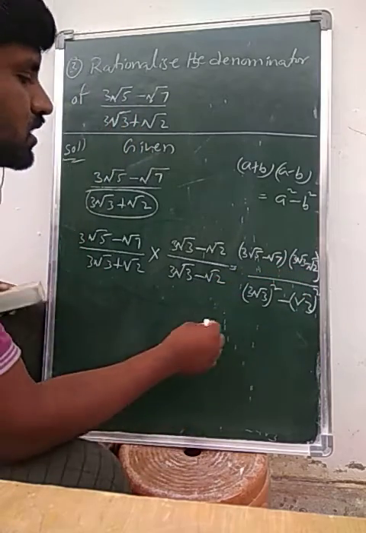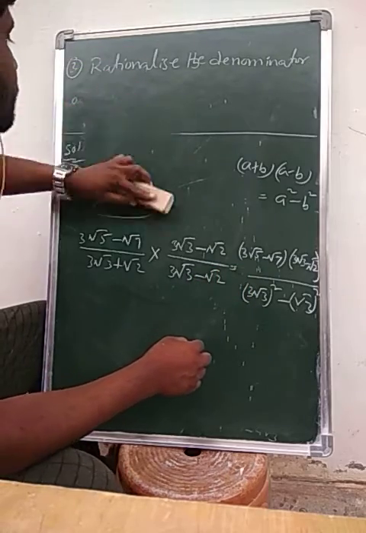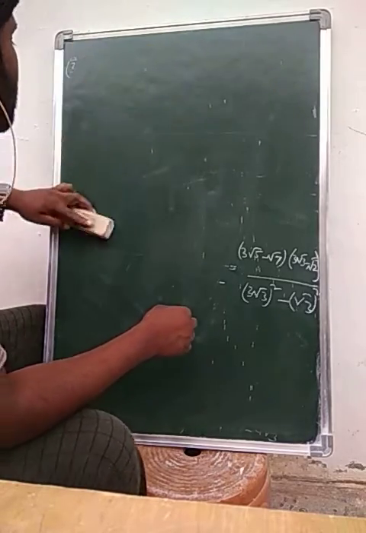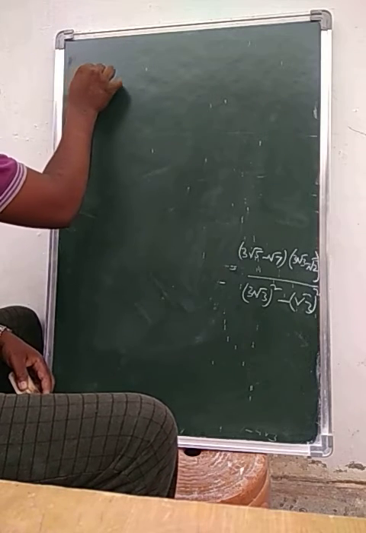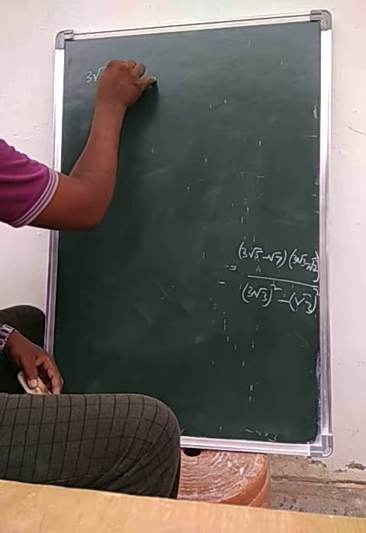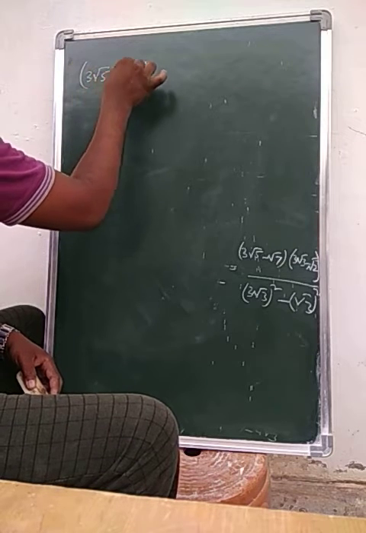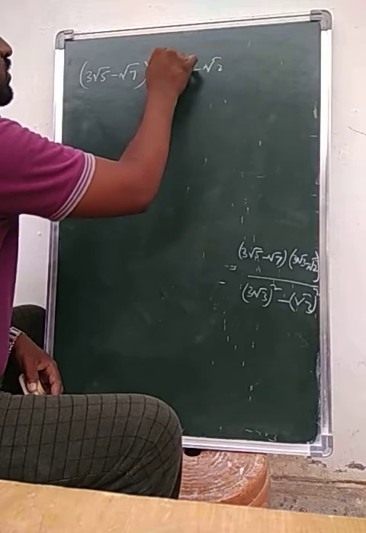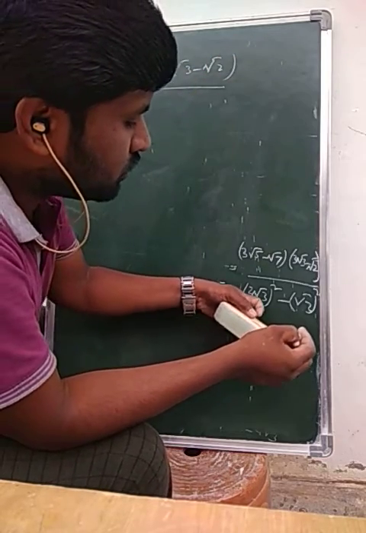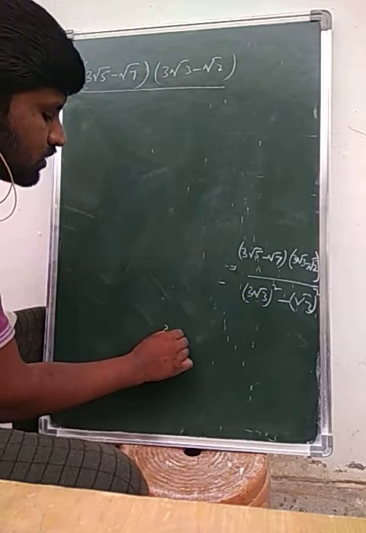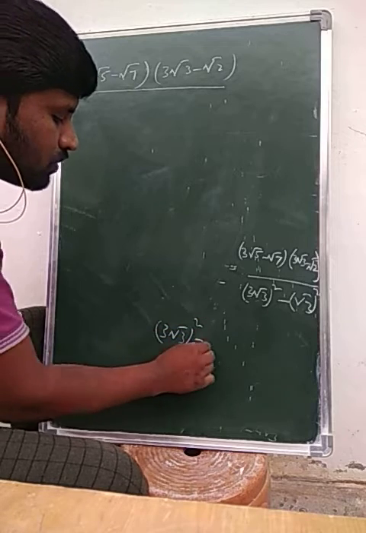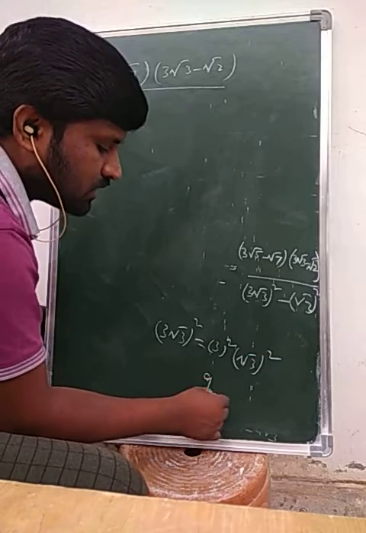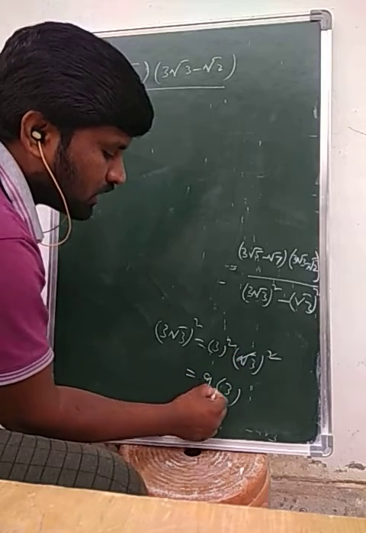So we have to multiply individually here. First of all, just multiply it. Here we get (3 root 3) whole square. Individually applying the square, that is 3 square into root 3 whole square. 3 square means 9, and the square root cancels with the square, so that is 3. 9 3s are 27.